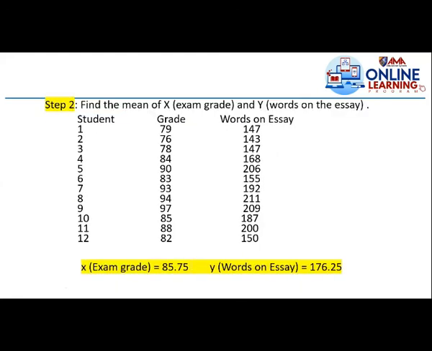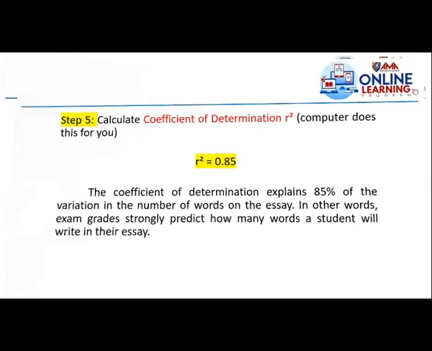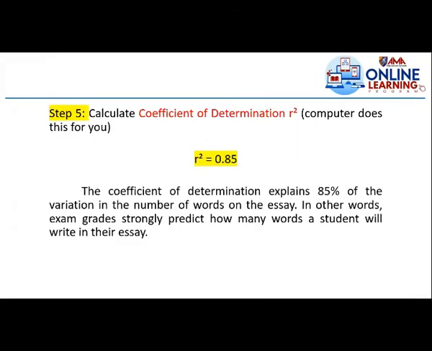So balik tayo. So the longer or the more the words on the essay, the higher the grade is. Okay? So it simply affects the grade, or the grade, no, has an effect on the number of words in the essay. Okay? There is a strong relationship between the grade and the number of words in the essay of the students.